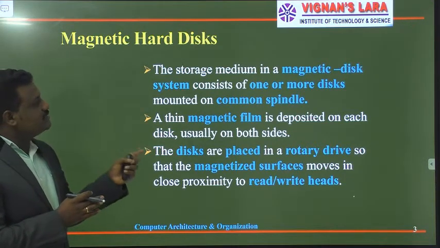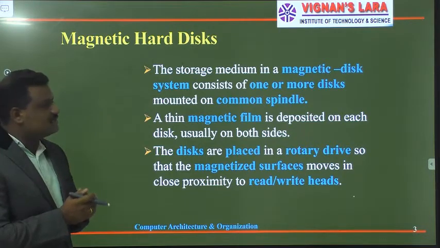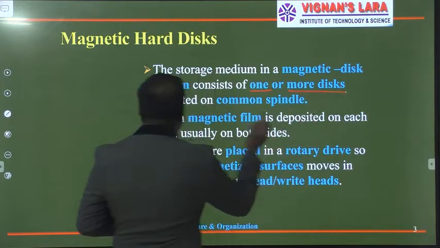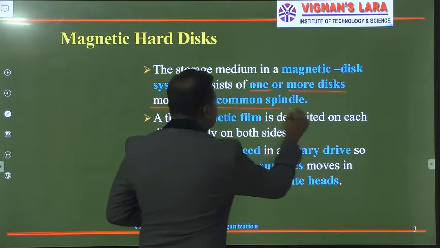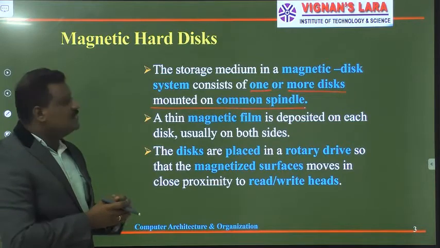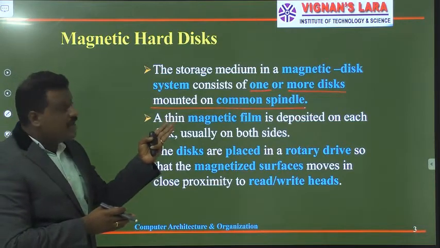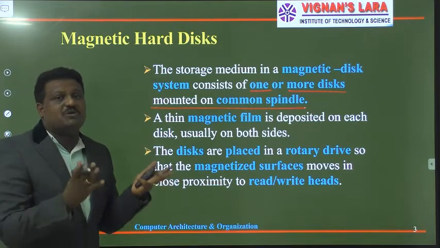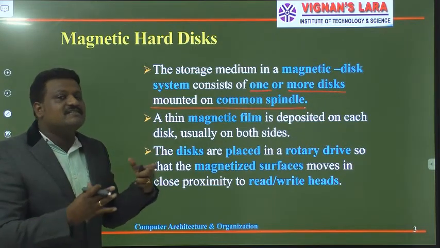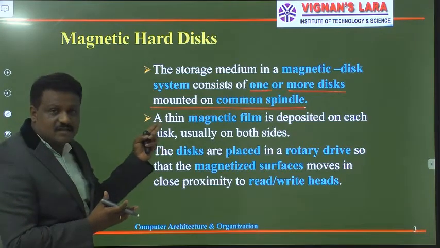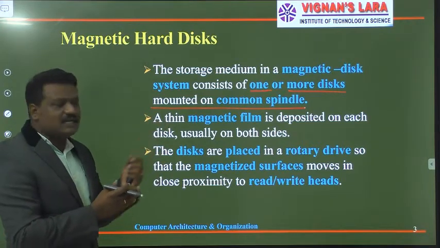The storage medium in a magnetic disk system consists of one or more disks mounted on a common spindle. What is this? It is the storage medium in a magnetic disk system. I am not talking about a single magnetic disk. A magnetic disk system consists of one or more disks mounted on a common spindle.